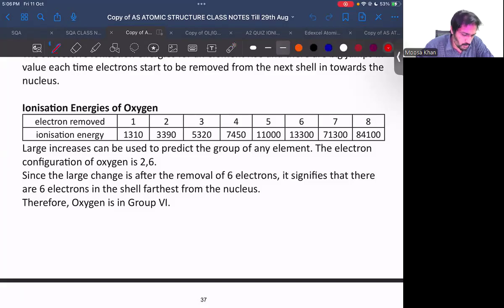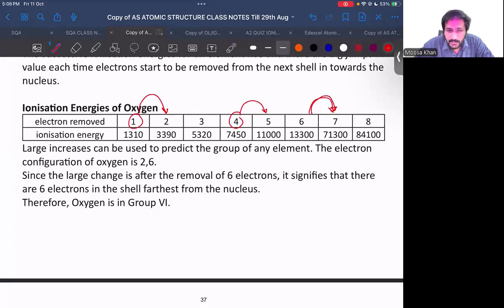Okay, 1 and 2. Sarah is saying 1 and 2. Rayan is saying 4th and 5th. And Sarah is saying 6th and 7th. And Faik is saying 6th and 7th. Okay. 6th and 7th.